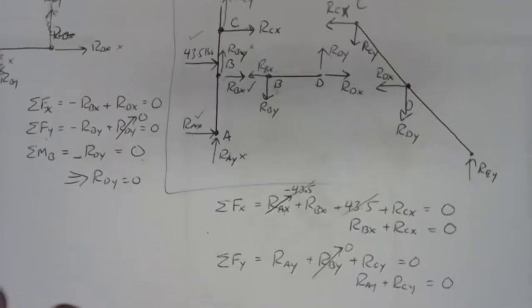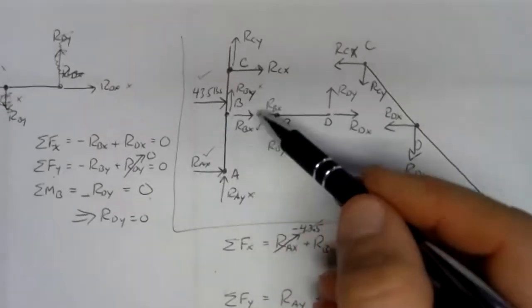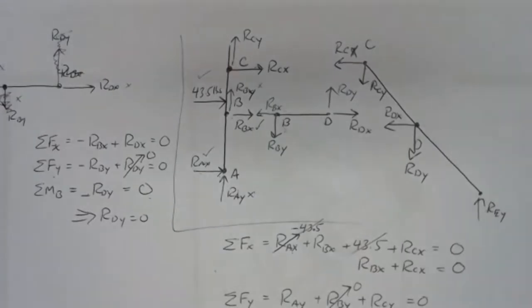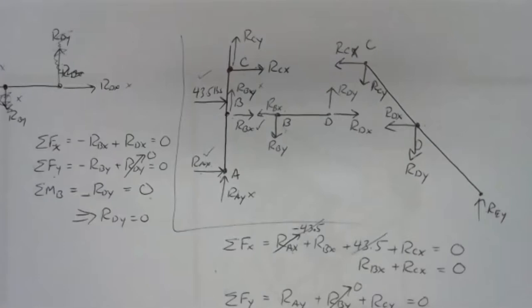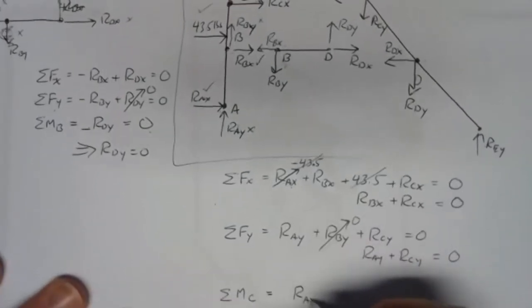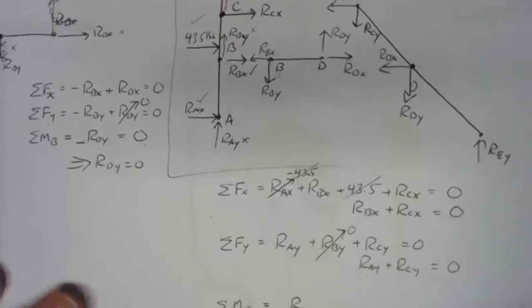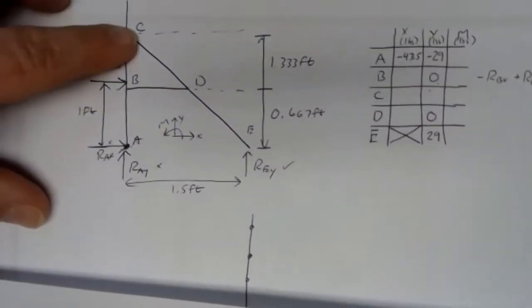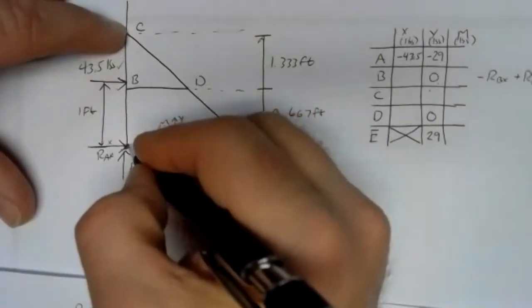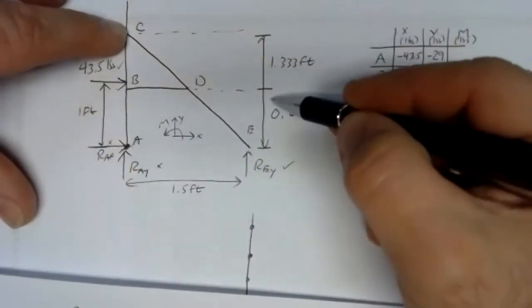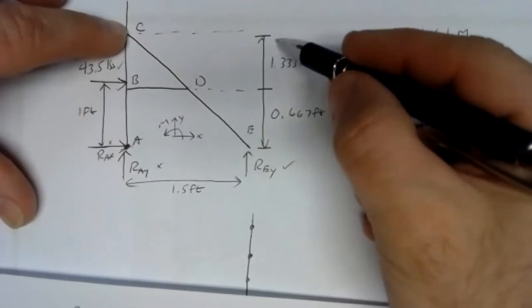So let's do our moments about C. We're going to have 1, 2, 3 terms in our moment equation. Let's start at the bottom with RAX. We know what RAX is, but I'm going to put RAX in symbolically here. If we look at our full scale drawing right up here, if we're at C, RAX is a total distance of 2 feet. 0.667 plus 1.333, it's 2 feet away.